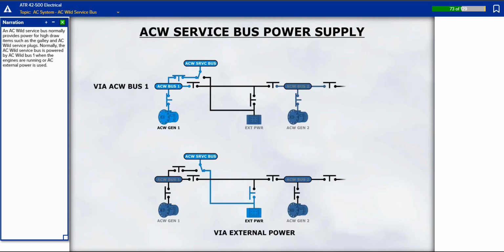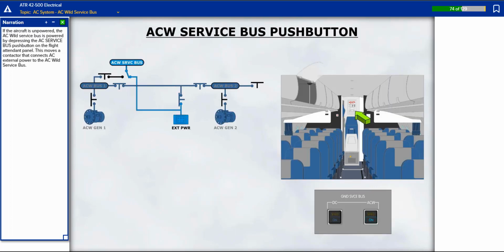An AC wild service bus normally provides power for high-draw items such as a galley and AC wild service plugs. Normally, the AC wild service bus is powered by AC wild bus 1 when the engines are running or AC external power is used. If the aircraft is unpowered, the AC wild service bus is powered by depressing the AC service bus push button on the flight attendant panel.